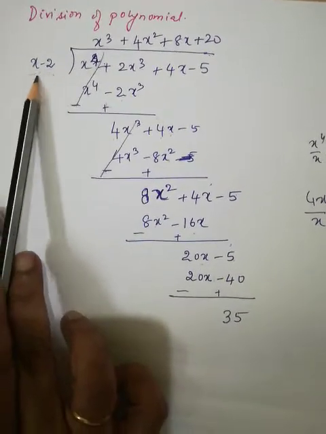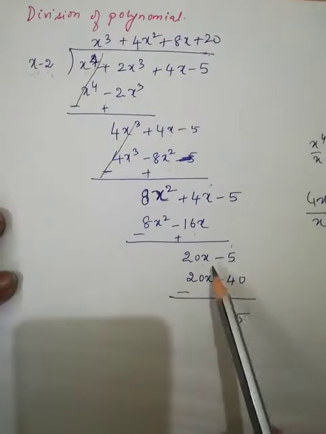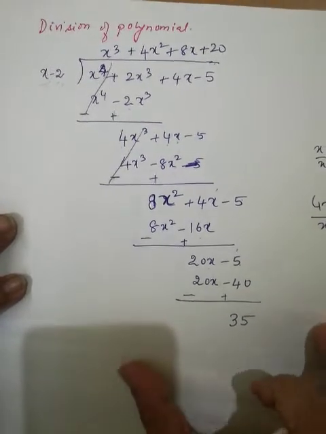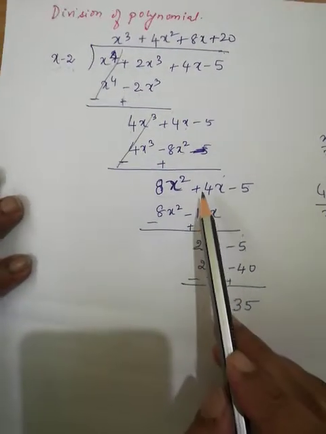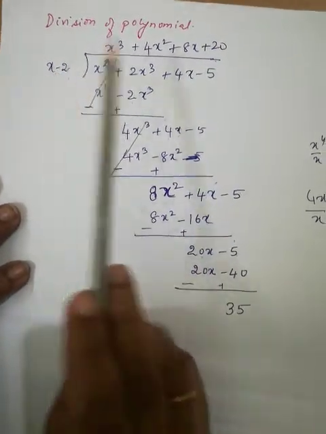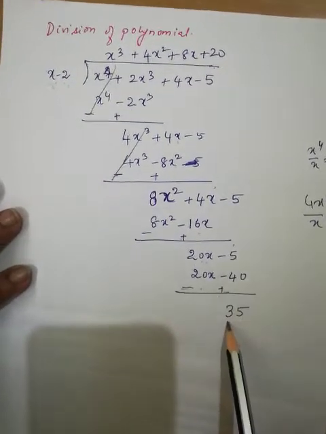Here the degree of the divisor is 1. So we have to keep on doing till we get a constant number. That means degree 0. So for 20x minus 5, again 20x divided by x, we get 20, and with the sign change we get 35.